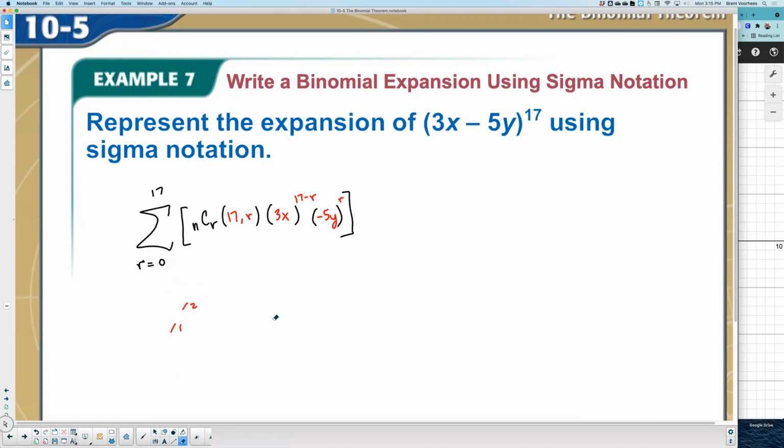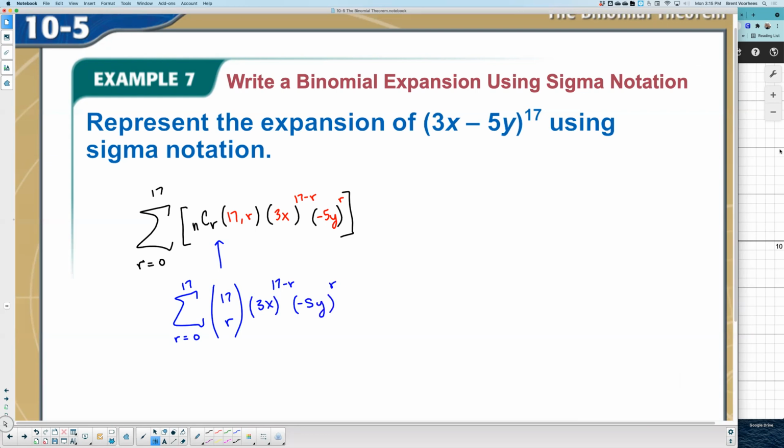That's the correct answer. But you'll see this written differently on the DOL because NCR has another way of writing, and that is by using a kind of vertical parenthesis like this. And the n value goes up top. The r value goes down below. And so this is actually the way you would see this one if it were your DOL, it would look like this. 3x to the 17 minus r, and then -5y to the r.